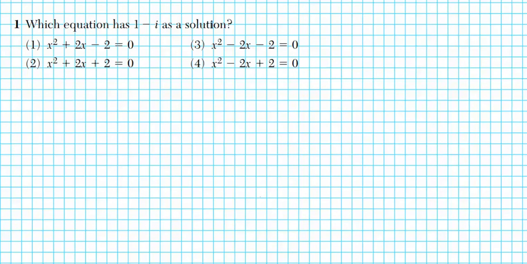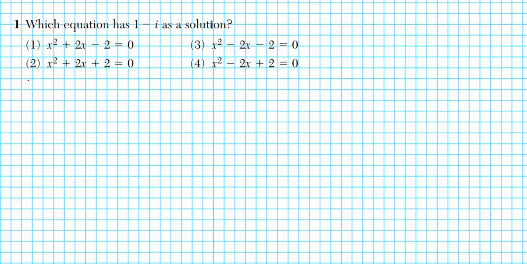All right, let's take a look at question number 1. It says, which equation has 1 minus i as a solution? So one thing you want to remember concerning quadratic equations with imaginary roots is that they normally come in pairs, okay?